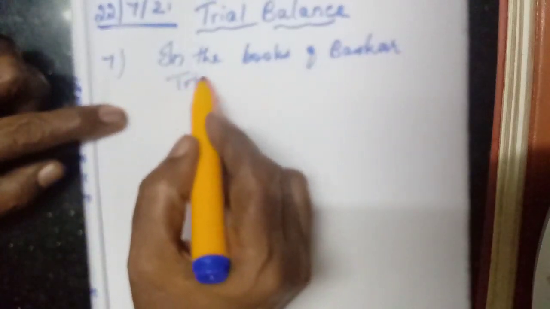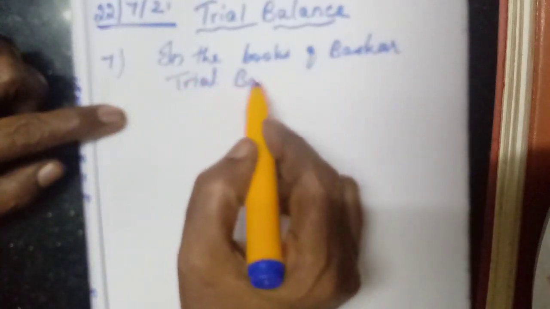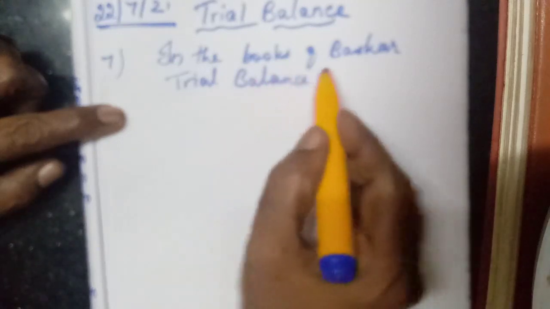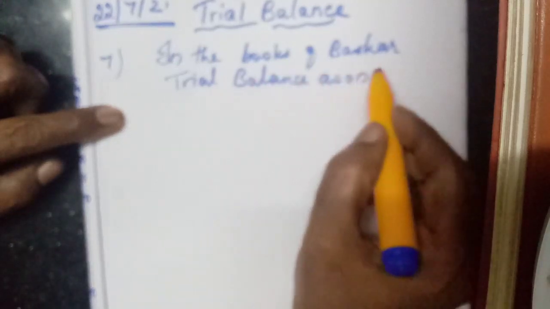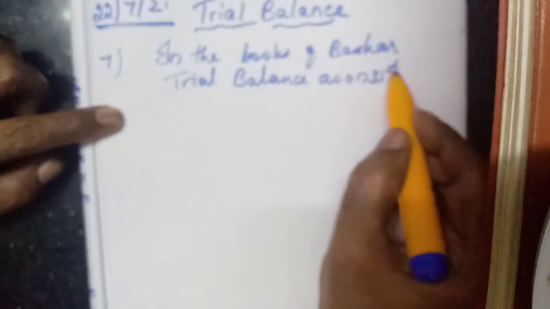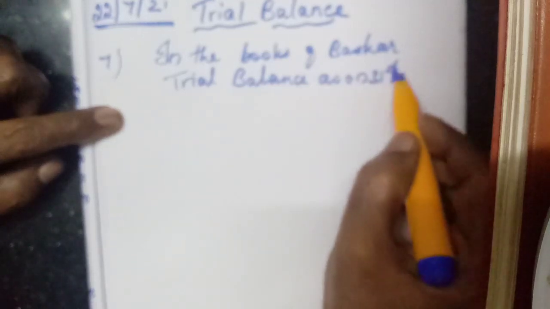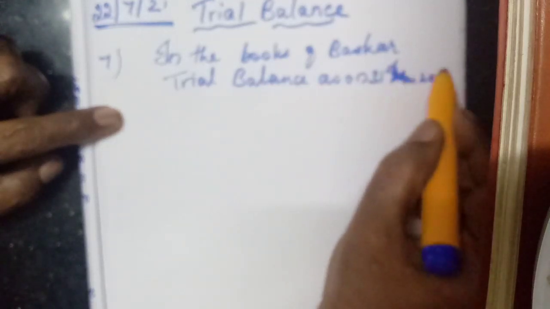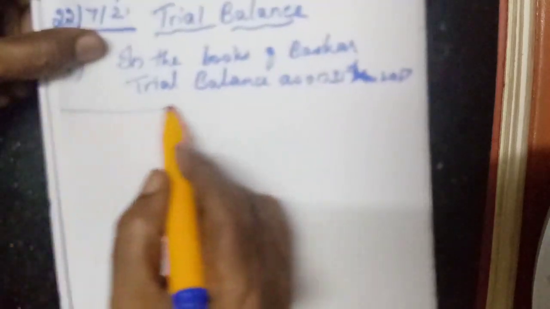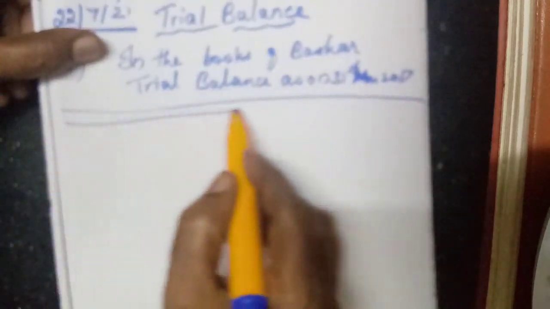Trial balance as on 31st March 2017. 5 columns, isn't it?